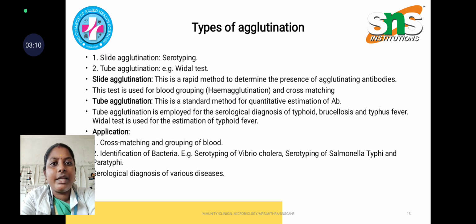Coming to the applications: cross matching, blood grouping, and the identification of bacteria, for example Vibrio cholerae, Salmonella typhi, and Salmonella paratyphi, and it has applications in the serological diagnosis of various diseases.